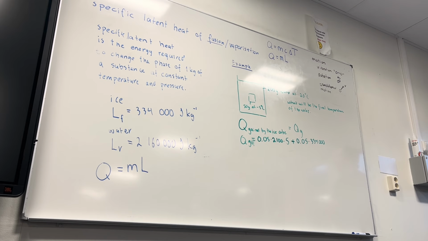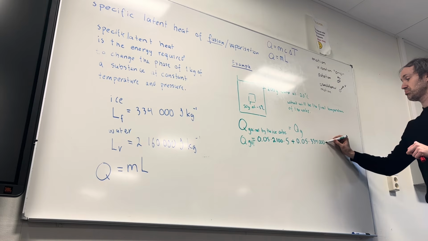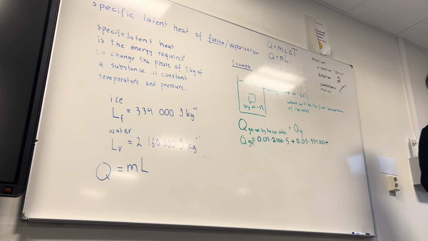So now the ice cube has melted. What happens to the ice cube after it has melted? The water becomes 250 grams. So now we have water at 0 degrees Celsius. What happens to that water?